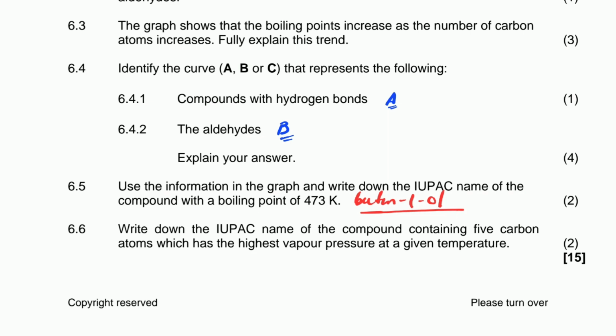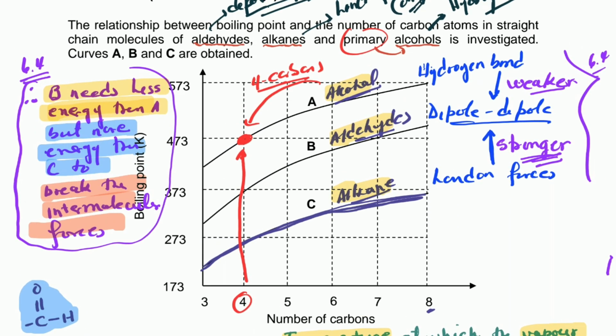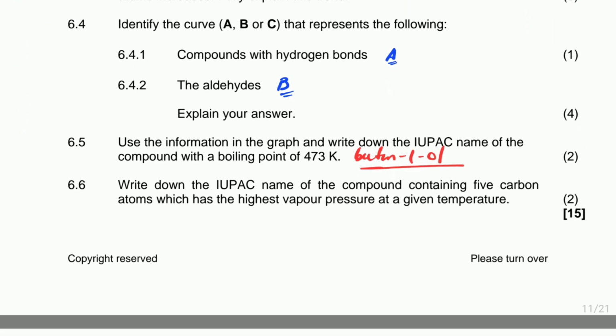It's quite simple. Okay, the analysis in the graph is to know which one they're asking you for. Butan-1-ol. Next, write the IUPAC name of the compound containing 5 carbon atoms which has the highest vapor pressure. Now, the highest vapor pressure will have the lowest boiling point.